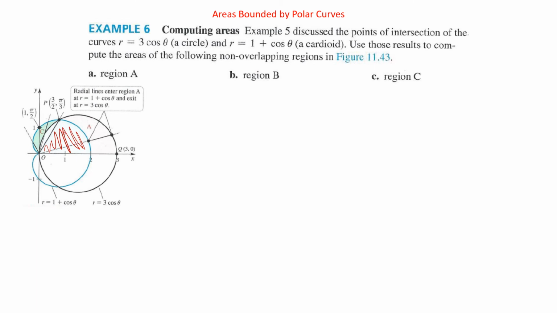And so for the cardioid, we will have, let's see, B will equal 1/2 times the area. We're going to be going from 0 to pi over 3 again. And we're going to be taking the cardioid, which was the 1 plus cosine theta. So I'll have 1 plus cosine theta squared d theta.